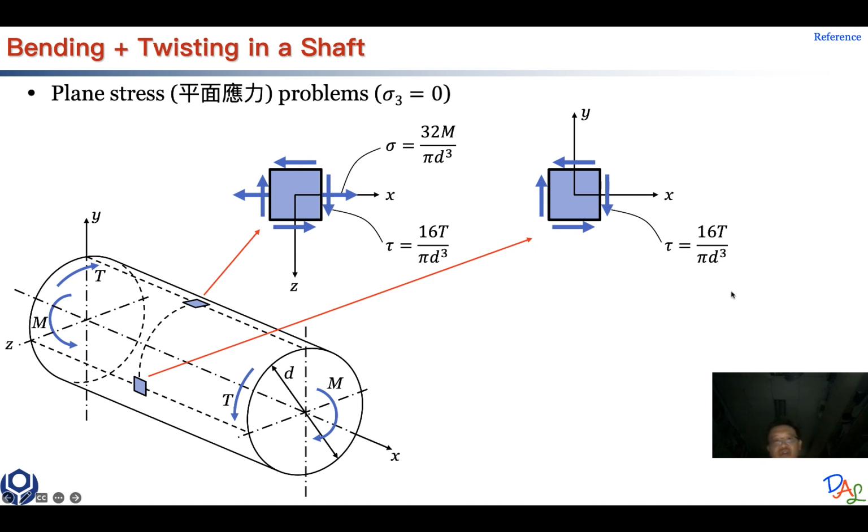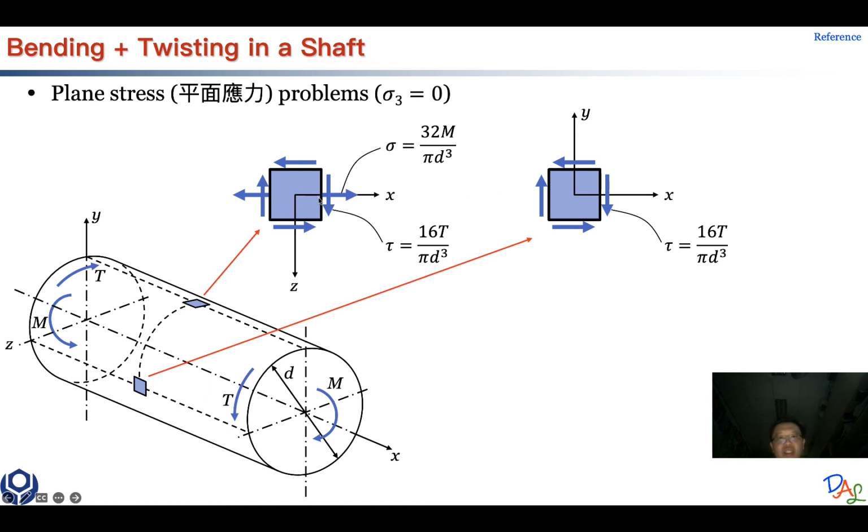I wish you could understand what's happening, and in the future we may be analyzing the stress conditions everywhere. So you need to make sure you are able to draw this 2D diagram. These are called plane stress problems, because there's no stress about the third axis.